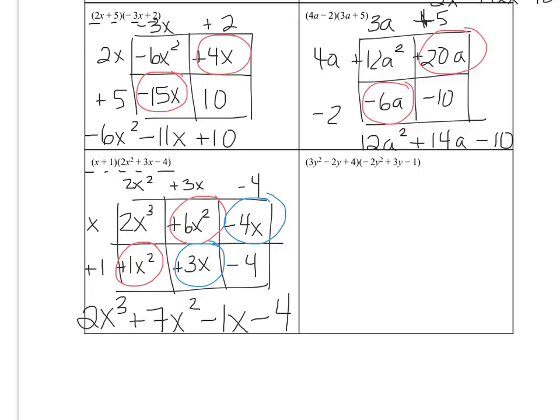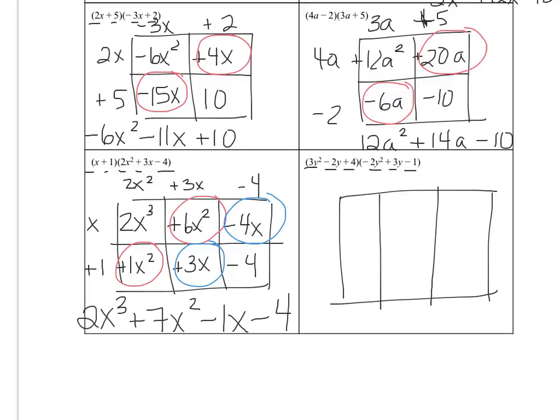For the last problem, I see that I have a trinomial times a trinomial, so I'm going to need 3 rows and 3 columns. So I've got negative 2y squared, 3y, negative 1, and then I'll make 3 rows, 3y squared minus 2y plus 4.